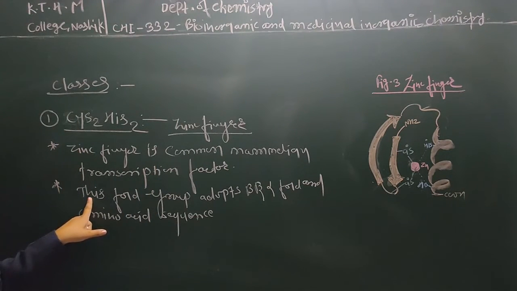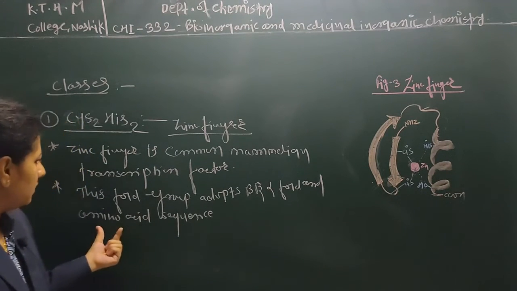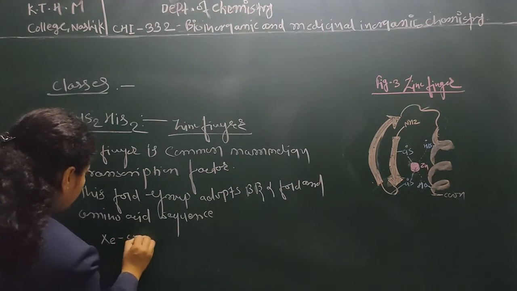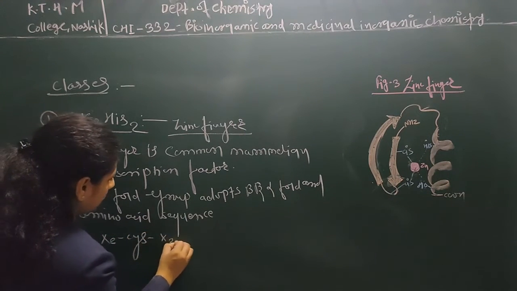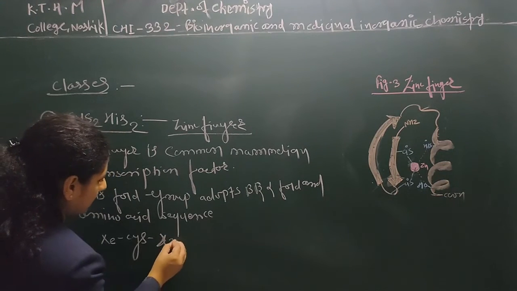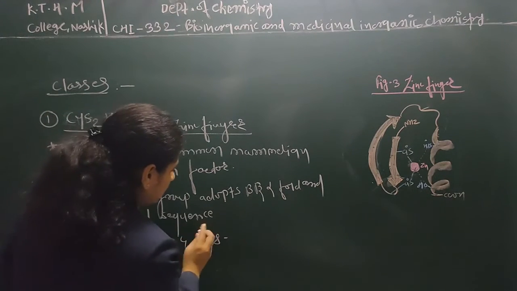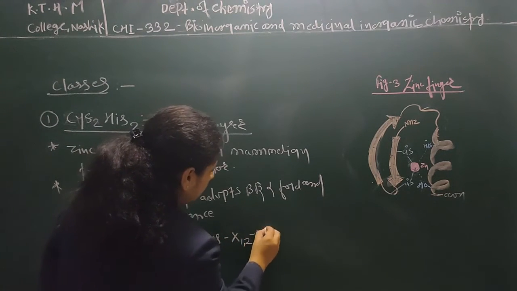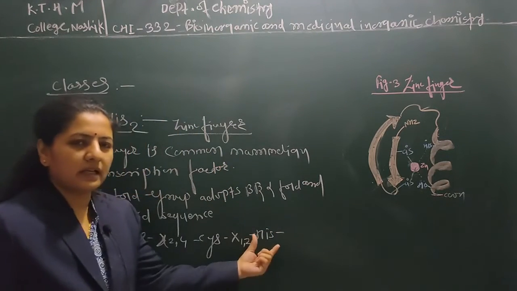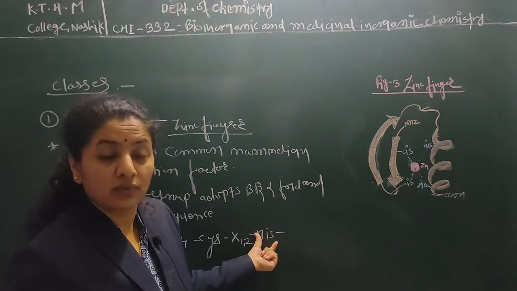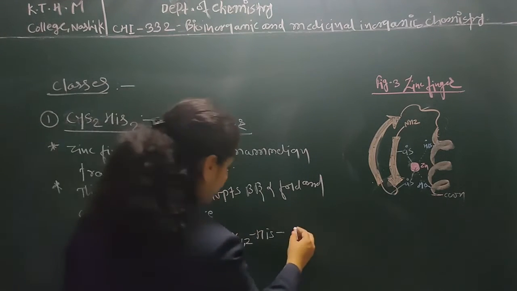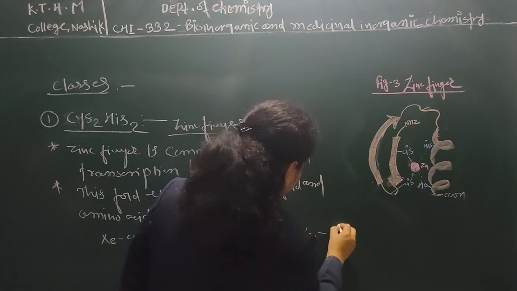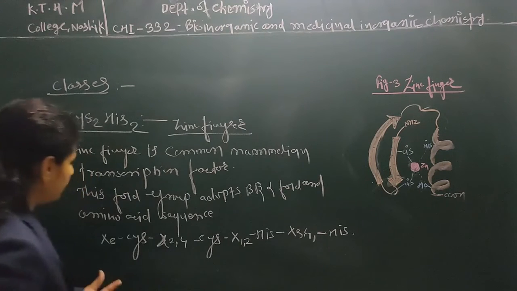Now this fold adopts a beta beta alpha amino acid sequence, and this sequence is like X2 cysteine X, meaning here there are 2 cysteine and 2 histidine residues. Again here, histidine and cysteine are attached alternately, 2 cysteine and 2 histidine. So these are the general sequence.